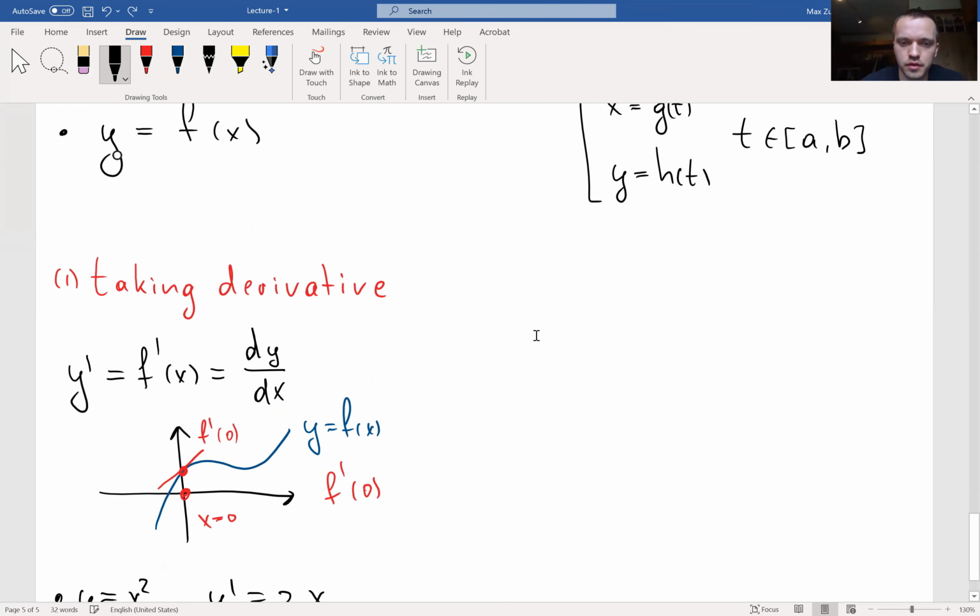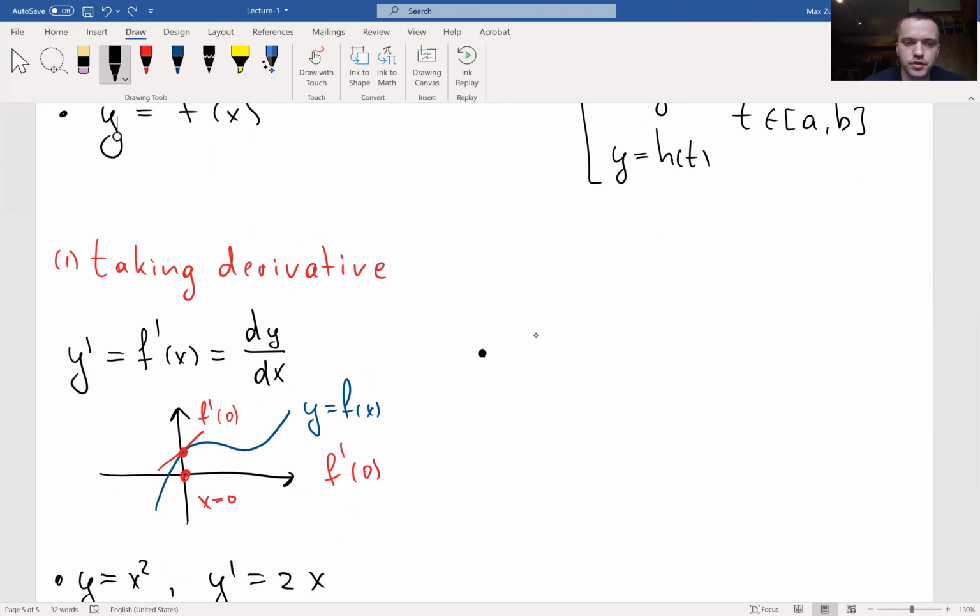Let's write down the derivative using this notation. I'm going to have dy over dx. Do you see, here I took the derivative where y is my function and x is my independent variable. Since right now I have y and x as functions of some variable t, what can I do? I can treat dy and dx like a fraction. Then I can do a trick: I can divide both top and bottom by dt.